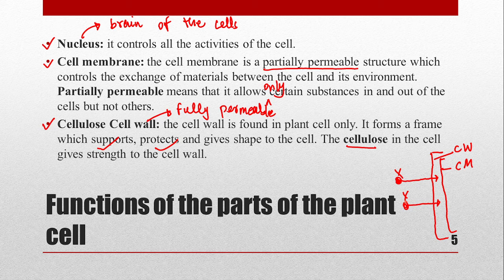But depending on what X and Y are, the cell membrane would decide whether to let X go or Y go. If Y is harmful to the plant cell, it will block it, it will not allow it to go. But let's say X was water, it will easily let it go in and out of the cell. That's that.